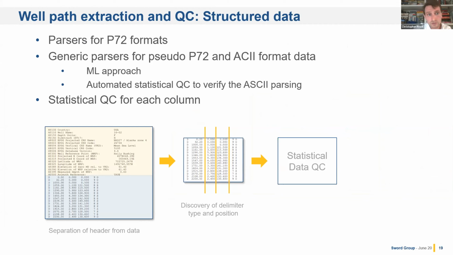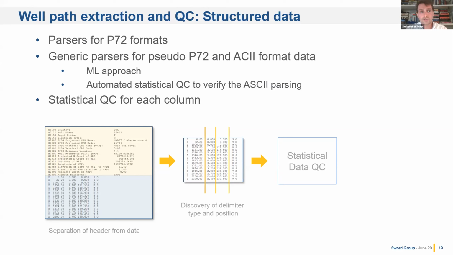So we had some loose formats for well paths, P72 formats, but there was a lot of data that I wouldn't say has been tampered with, but only loosely follows those formats. They may have been changed, they may have been through different software, they may have been uploaded without proper validation. There were also a number of data formats on the Norwegian side that were difficult to parse.